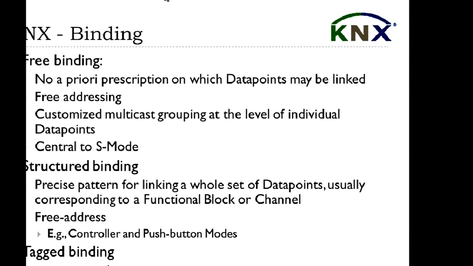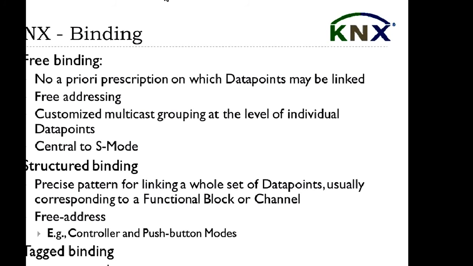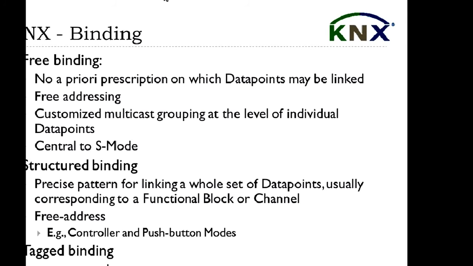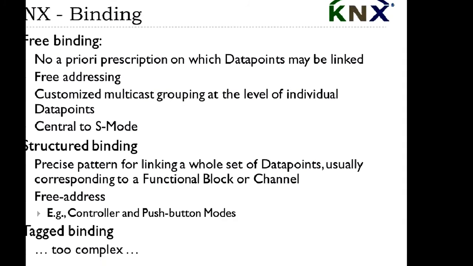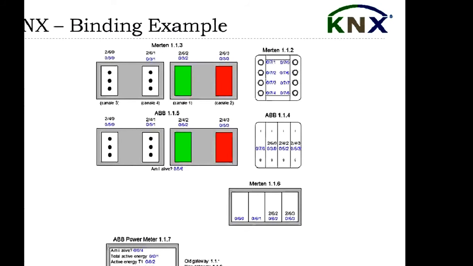Free, I can connect every data point to every other. In the structured, only subsets of them can be connected together. The others might be free in the structured binding. And that's why the structured binding can also be used for the E mode. Okay? Because in the E mode, the address is defined by using the push buttons or the connectors on the devices. Okay? And that's the second difference. Tagged binding is much more complex, so let's avoid it.